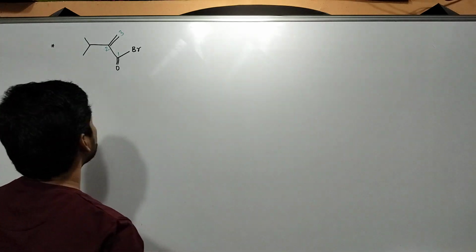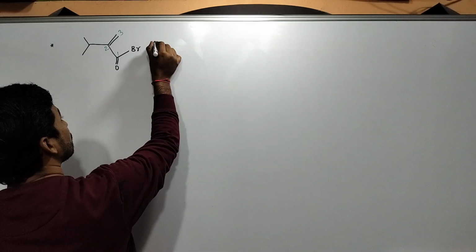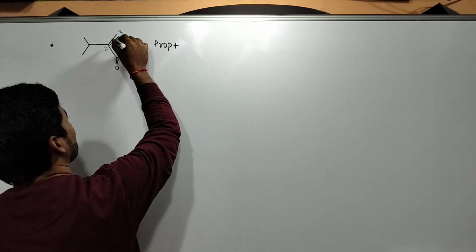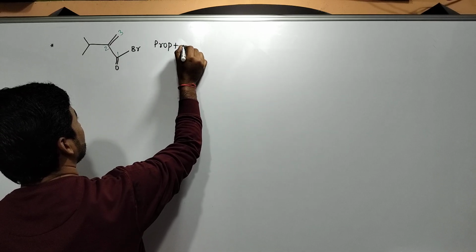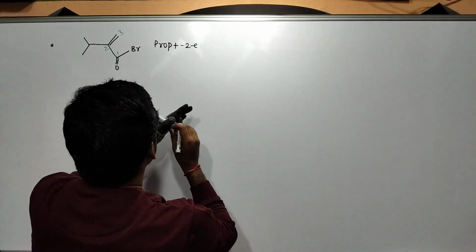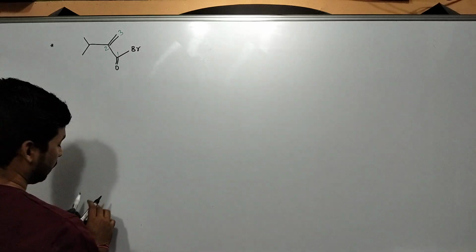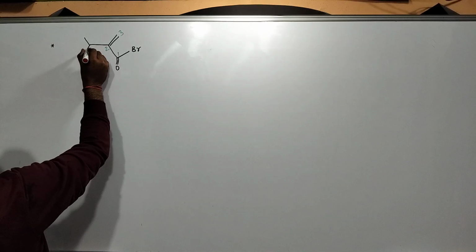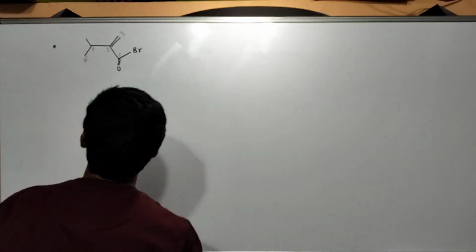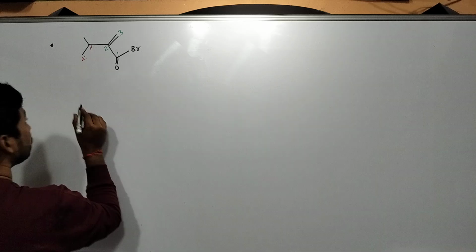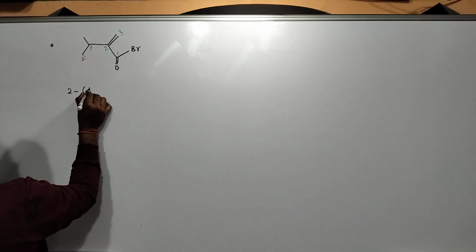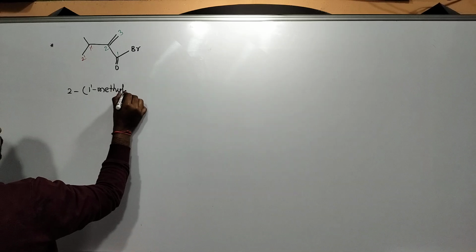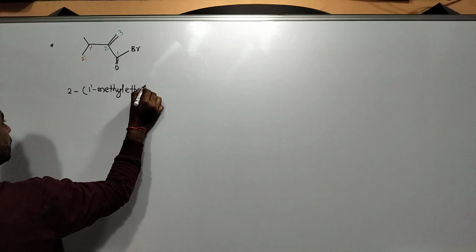So take the double bond into the parent chain, 3 carbon atoms, so prop plus double bond at second position, 2-en. For the substituent, you have to write the substituent name: 1 prime methyl ethyl group at the second position, or simply write methyl ethyl.